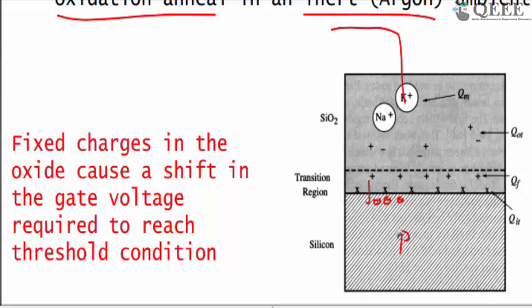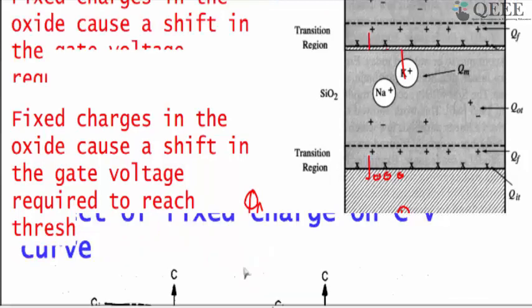So it can create the inversion layer earlier, that is, at a lower gate voltage compared to the case where QF is equal to 0. So if QF is positive, your VT is going to decrease. And this will get reflected in your CV characteristics.